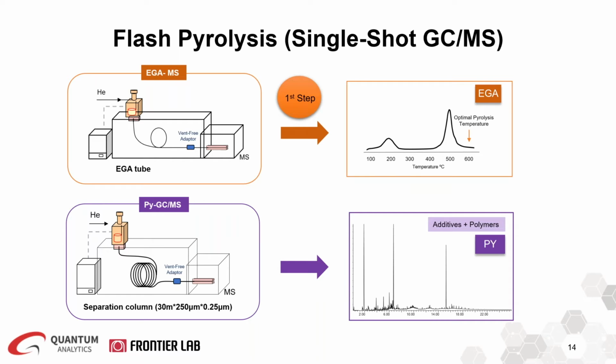To perform flash pyrolysis, the EGA tube is then switched to the separation column using the GCMS vent-free adapter, which allows changing the column without venting the MS and waiting for it to calm down. The furnace is then programmed at 600 C, and flash pyrolysis generates a pyrogram that has all the features of the sample: any volatiles, any additives, lights, heavy, and polymeric compounds.